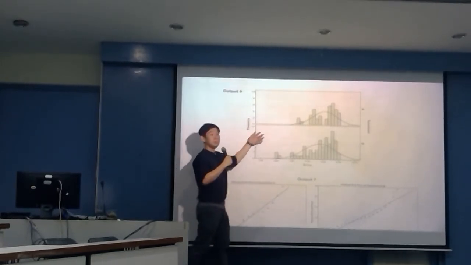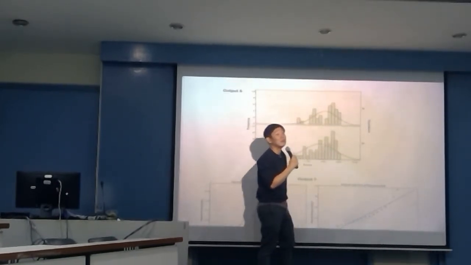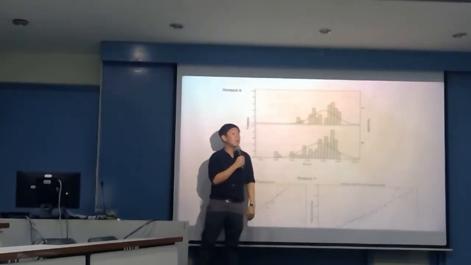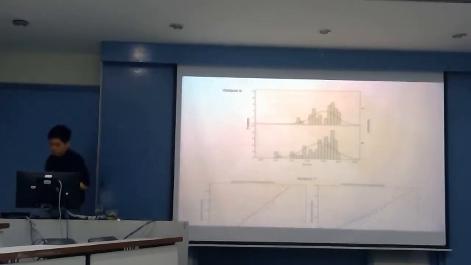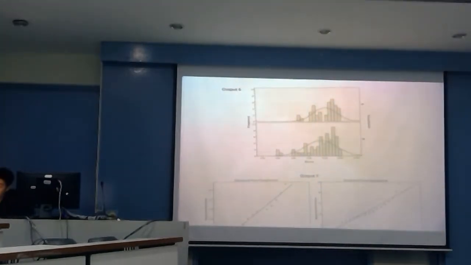When you talk about bell shape or not, I think both of these look skewed, one to the right and one to the left, so they don't look normal.